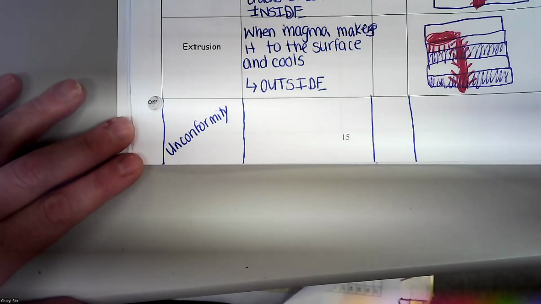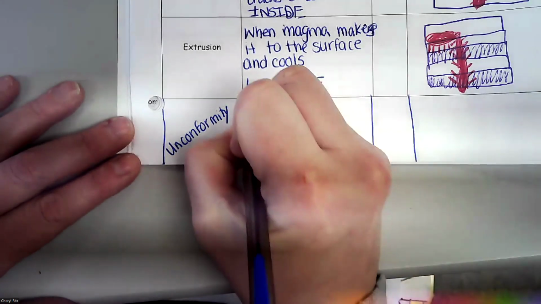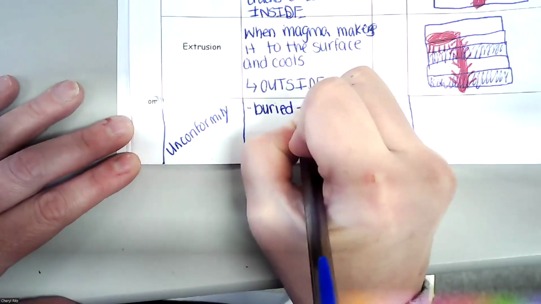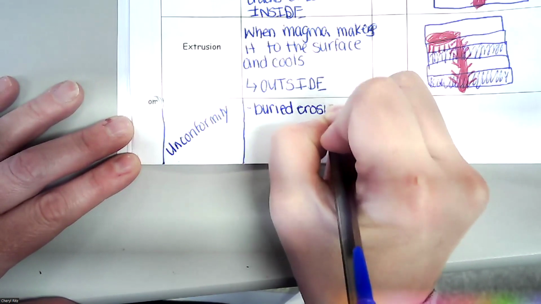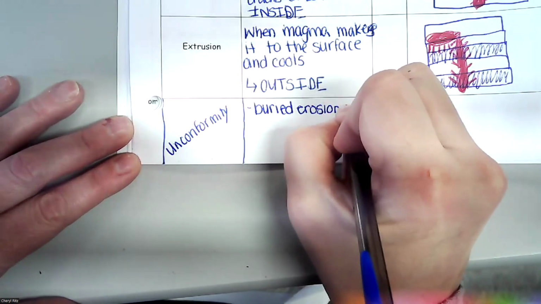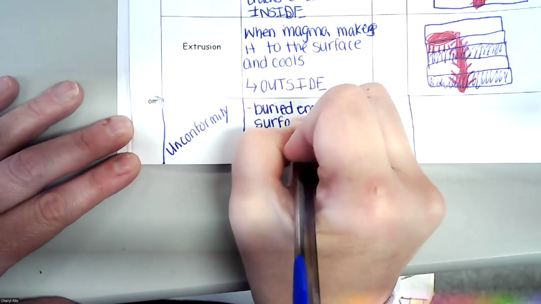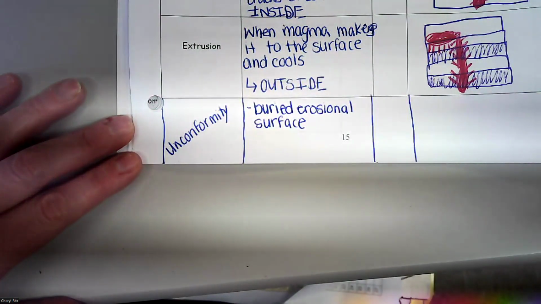An unconformity, the definition of an unconformity is a buried erosional surface. That's going to be the first line. So it's a buried erosional surface. But we do need to put one more bullet in there, so it's going to be a 2-bullet box. So an unconformity is a buried erosional surface.